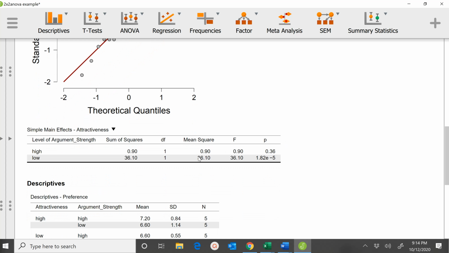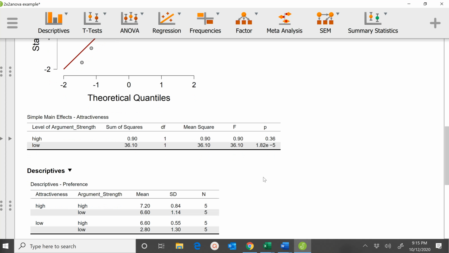Here it is. So we see that among participants who were assigned to the high argument strength condition, the effect of attractiveness is not statistically significant. So when the argument strength is high, attractiveness doesn't seem to matter. When the argument strength is low, however, we see that attractiveness has a huge effect.